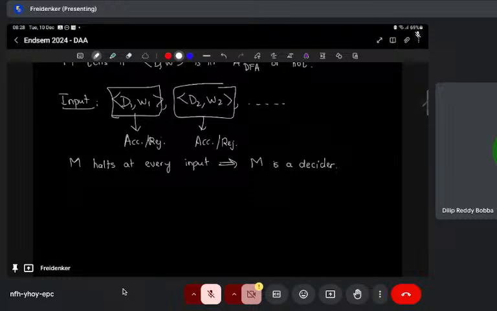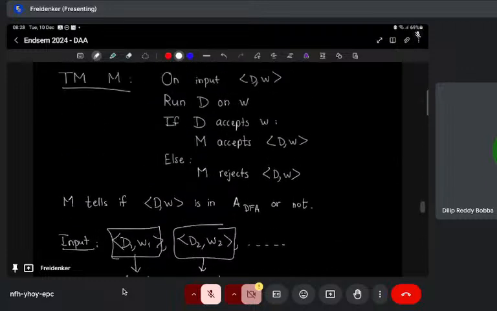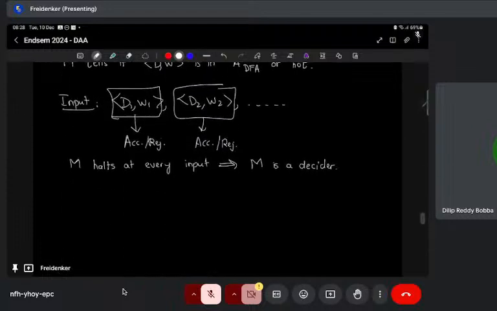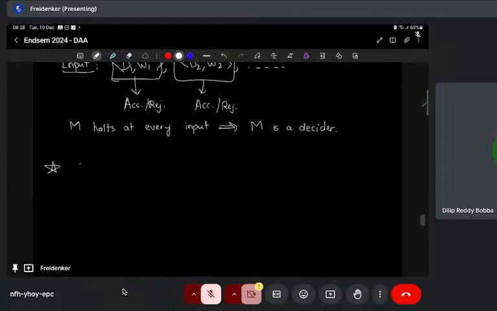Okay, fine. That was the acceptance problem of DFA. Now, similarly, let me just put a star. Acceptance problem of DFA. There's something called the acceptance problem of a Turing machine, and it looks like this. It's the same thing. Now you have a machine and a string as an input.